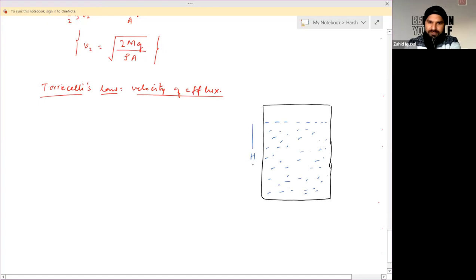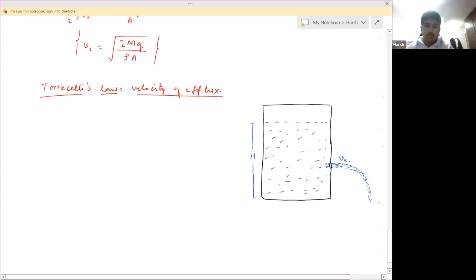The height of the level of liquid from this point to this point is capital H. Let's say the velocity of liquid ejecting out through this particular hole, hitting the ground at this point, is VE. This velocity of ejection of liquid through this orifice is called velocity of efflux. Is it clear? Yes, sir.